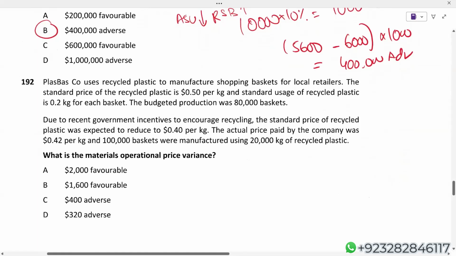Now, please try question 192, material operational price variance. Let's see the answer by the students. Okay, great. Everyone is getting the same result.